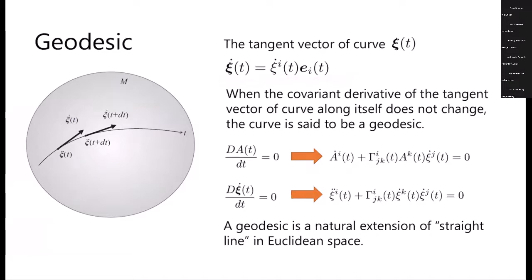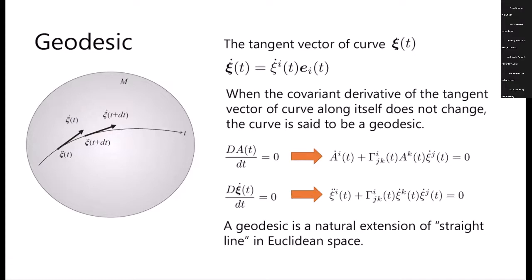When the covariant derivative of the tangent vector Xi dot t along itself does not change, the curve is said to be a geodesic. So if this direction does not change, then it is a geodesic.